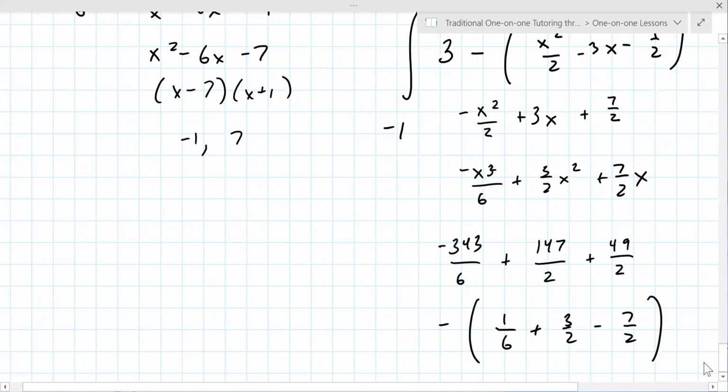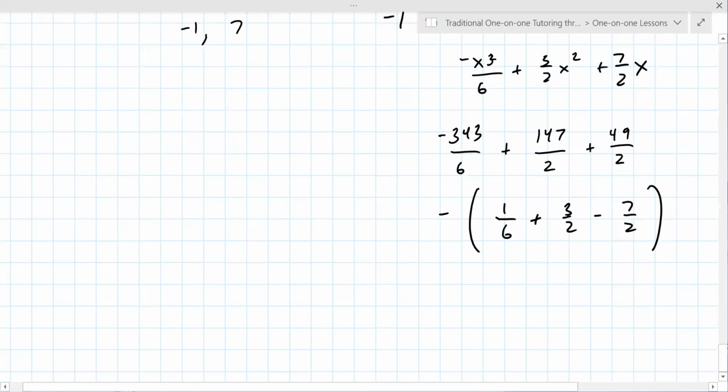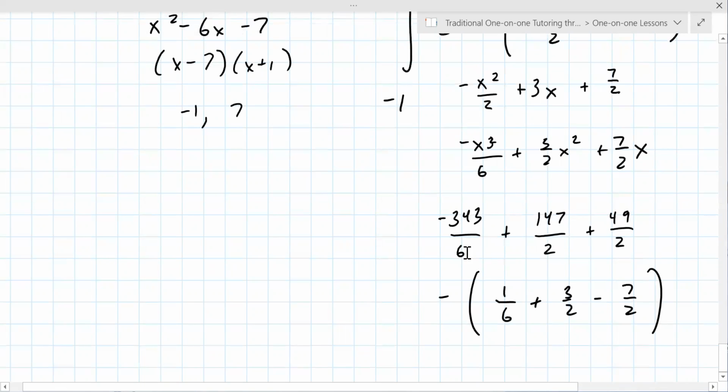Sorry, I thought this one wouldn't have been as bad, but it's just the fractions that are problematic here. Isn't it minus minus 1/6? Because it's minus 1 that you're putting in.